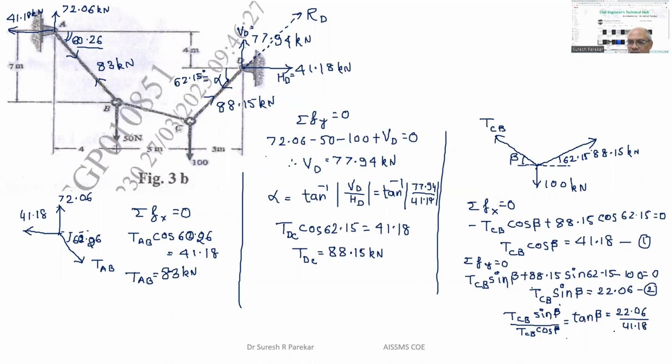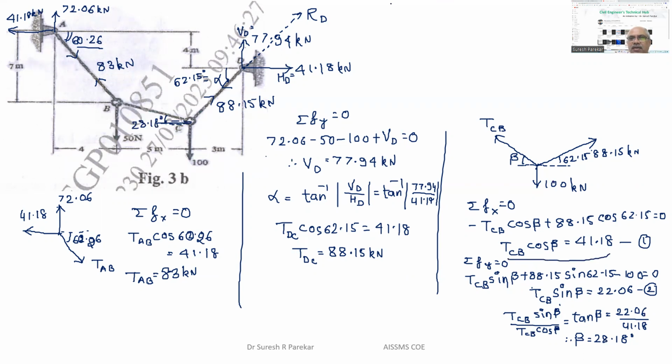And we will have, therefore, beta equal to 28.18 degrees. So we have value of beta at this 28.18 degrees. Now we have to use equation 1.